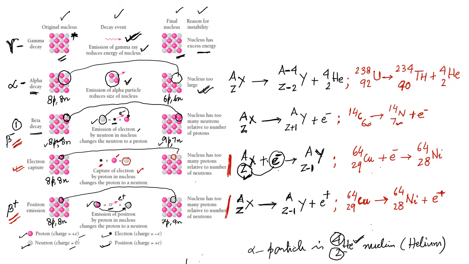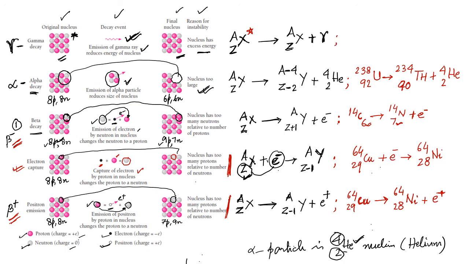So this is written like this: if this is my system, this is an excited state, which has excess energy. So we put a star to show that this is an excited state, and in order to release this energy, it comes down and becomes the same system, and we have a gamma coming out of the system.